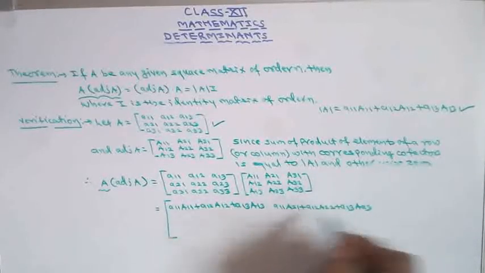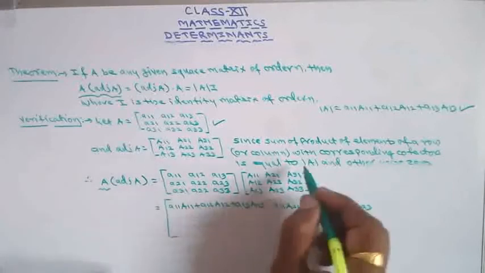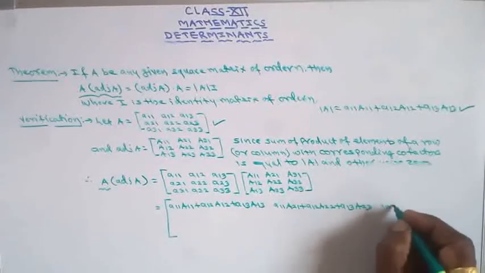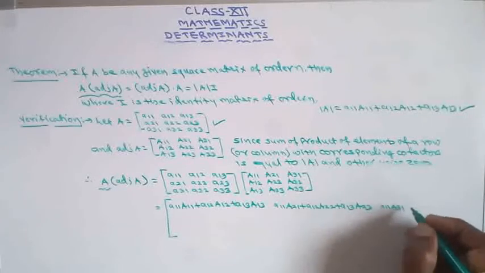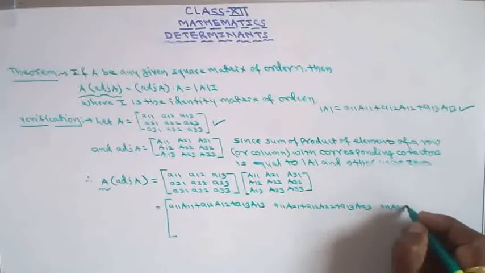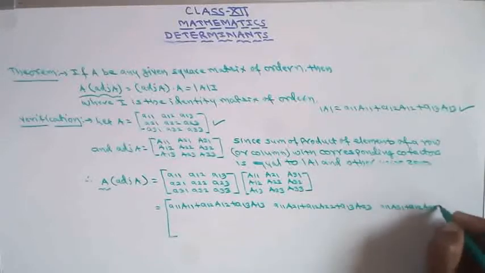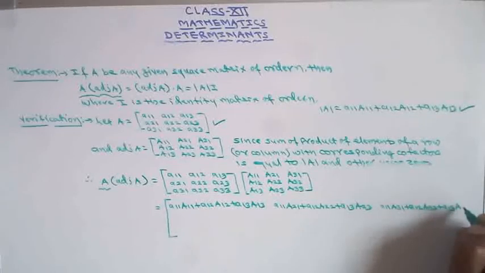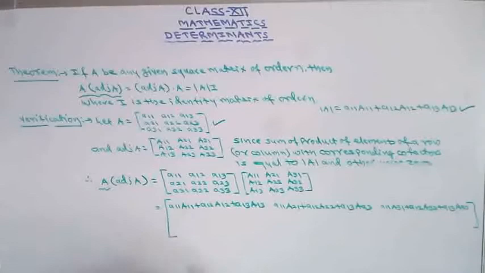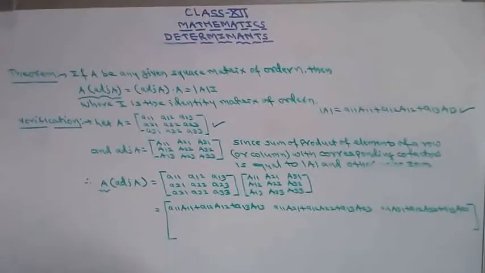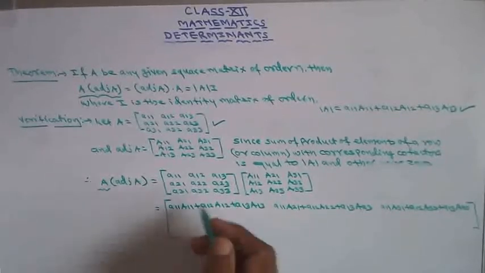This is the second element. Then first row, third column: a11 capital A31 plus a12 capital A32 plus a13 capital A33. So students, these are the three elements in the first row. In this way, we can find the others also.